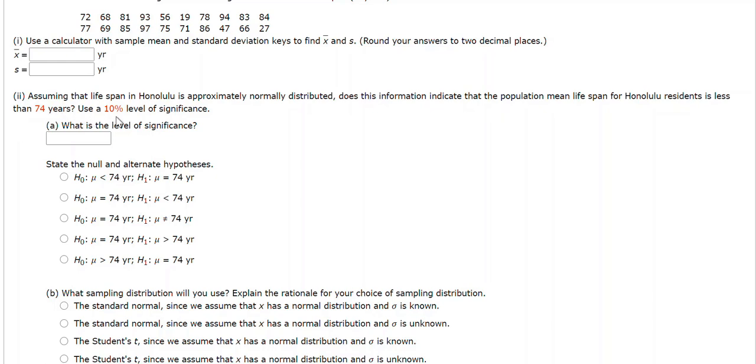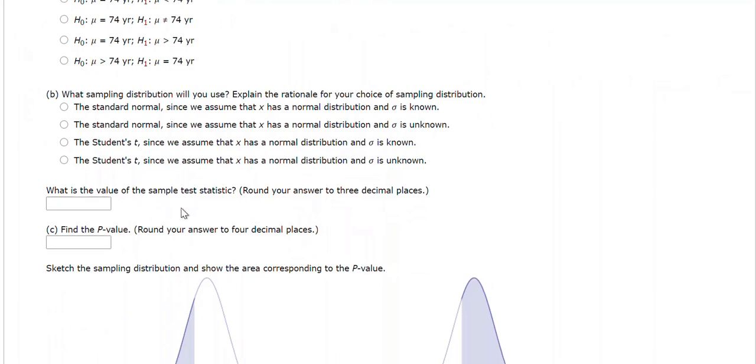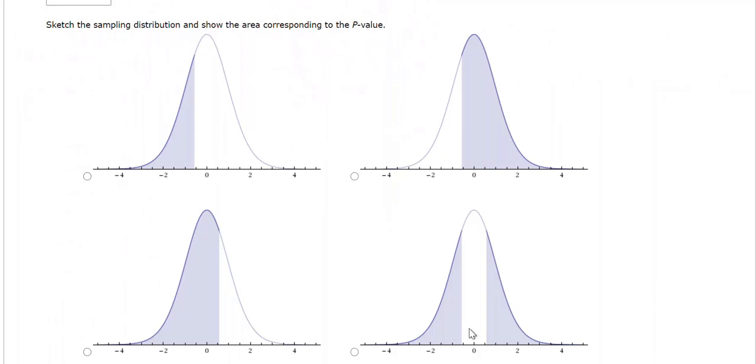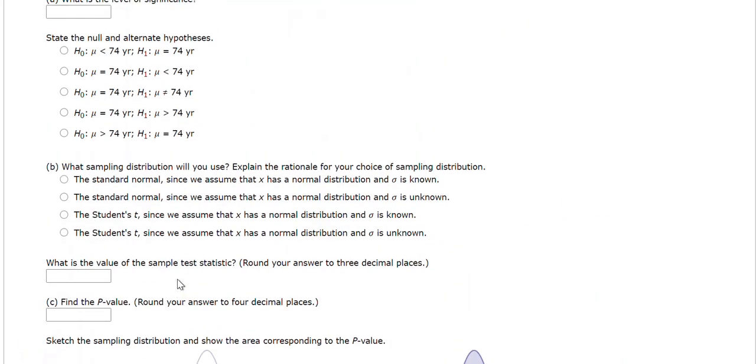Use a 10% significance level. Then we have a part A and a part B, where part B asks for the sample statistic. Part C says find the p-value, and then we select the correct graphical representation. Parts D and E are our conclusions.